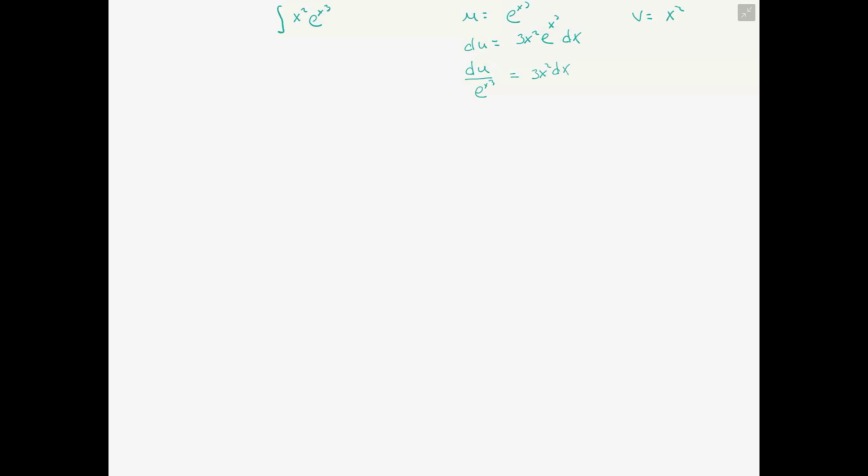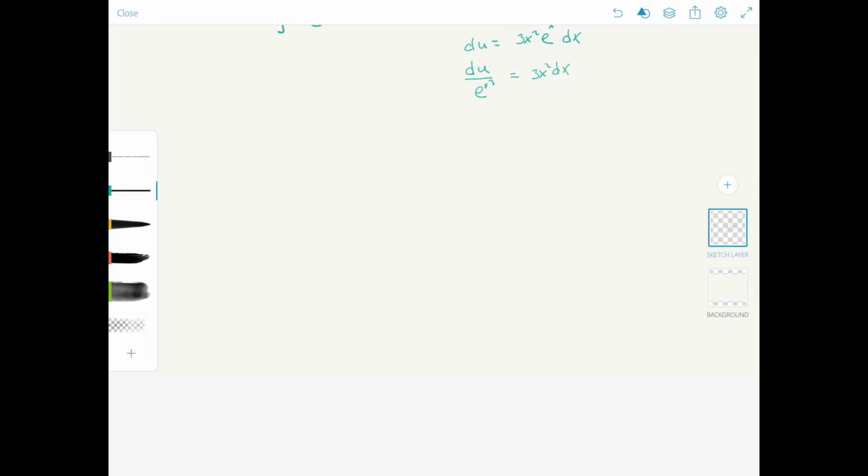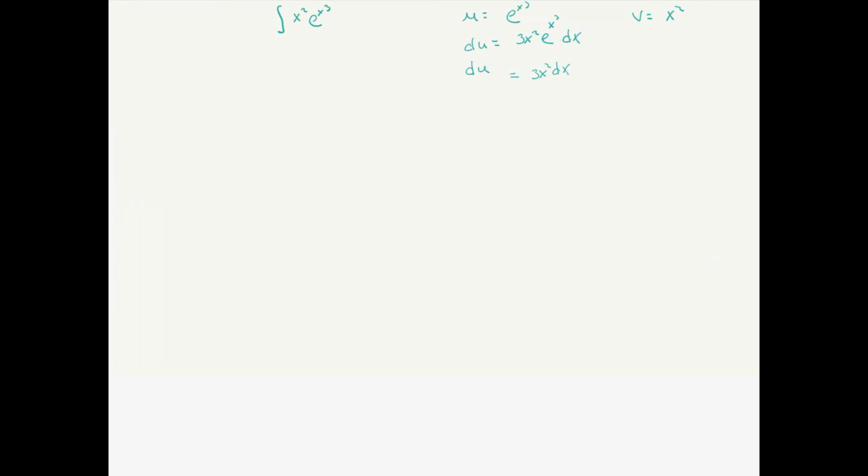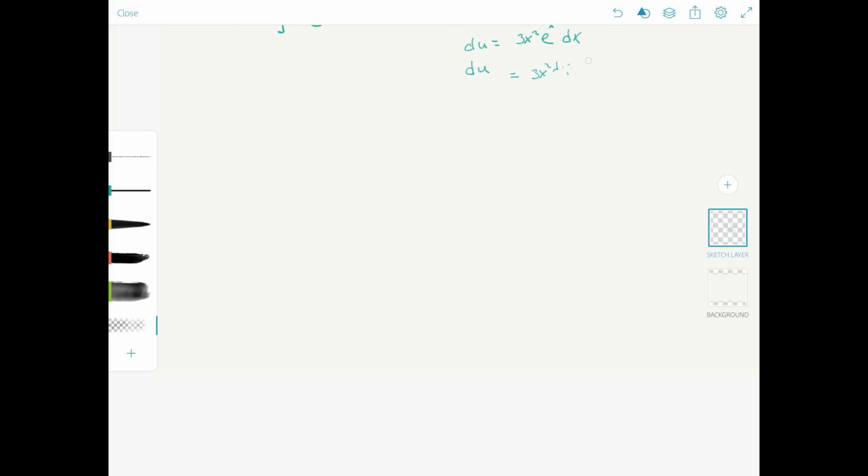In fact, what we're going to do is this. I'm going to erase that. We've got du equals 3x squared e to the x cubed dx, we've got all we need here right at this point.